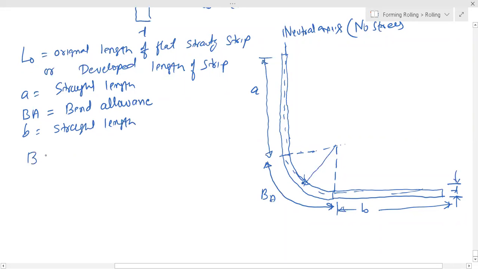And BA is equal to Rn theta. And what is this theta? This is theta. And what is Rn? Rn is the neutral axis or plane radius.